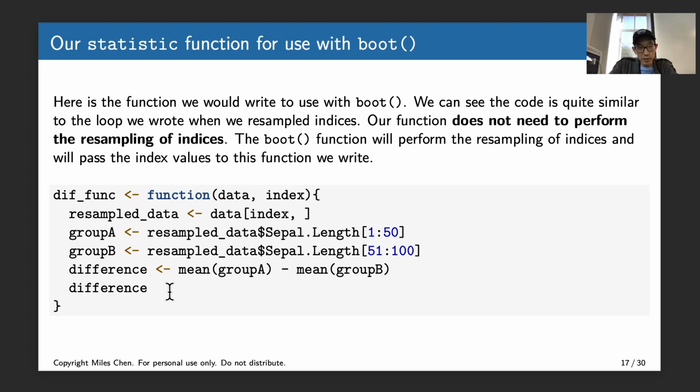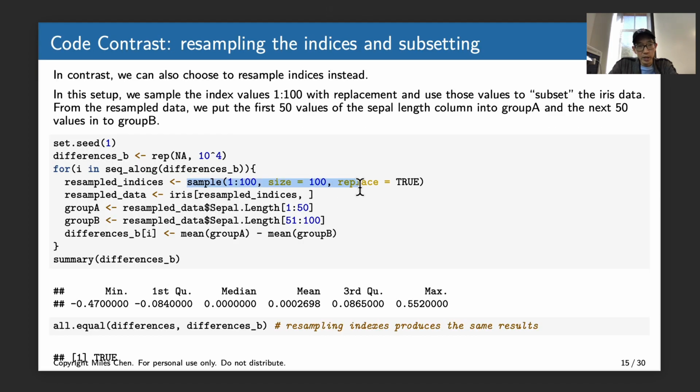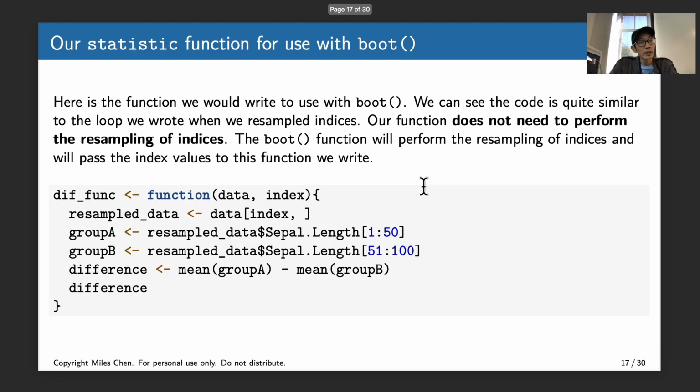The key difference is that inside my for loop, I have the function sample, the command to resample my values, and I don't have that in here. That resampling of values is handled by the function boot. When you call library boot and function boot, it's going to do the resampling for you and pass the resampled indices as your index argument.